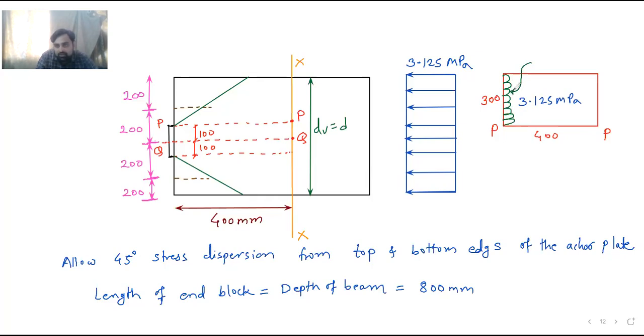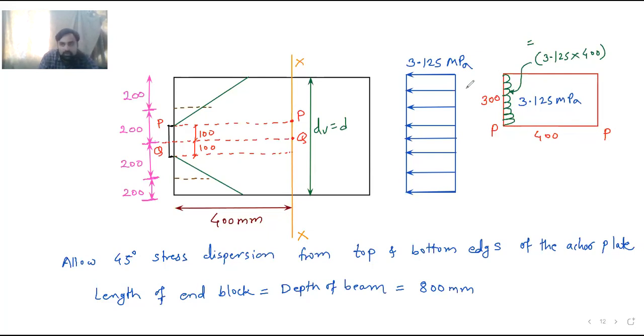So the value of this UDL will be, if the stress is 3.125, this length is 300 and this length is 400, 3.125 into 400, since I want the UDL on the length of 300 mm. So this will be my UDL.